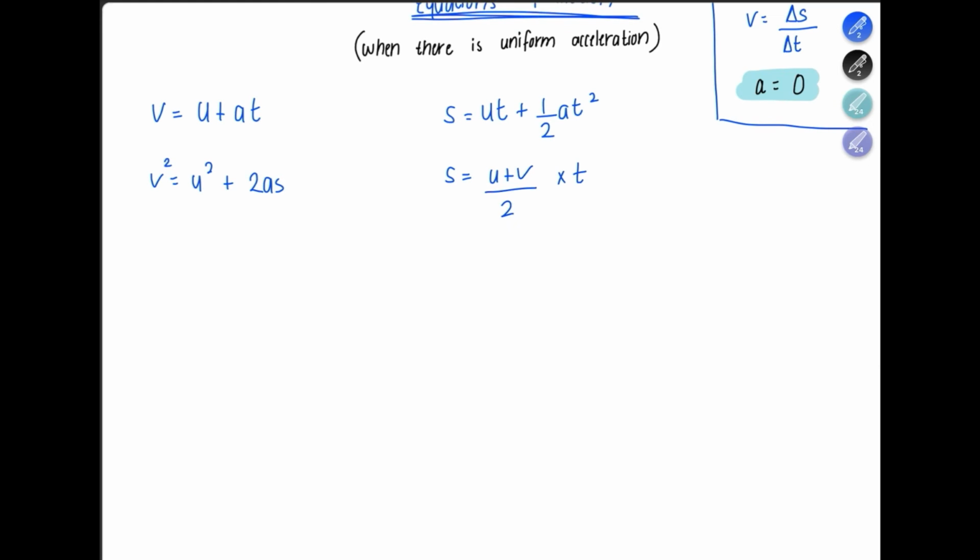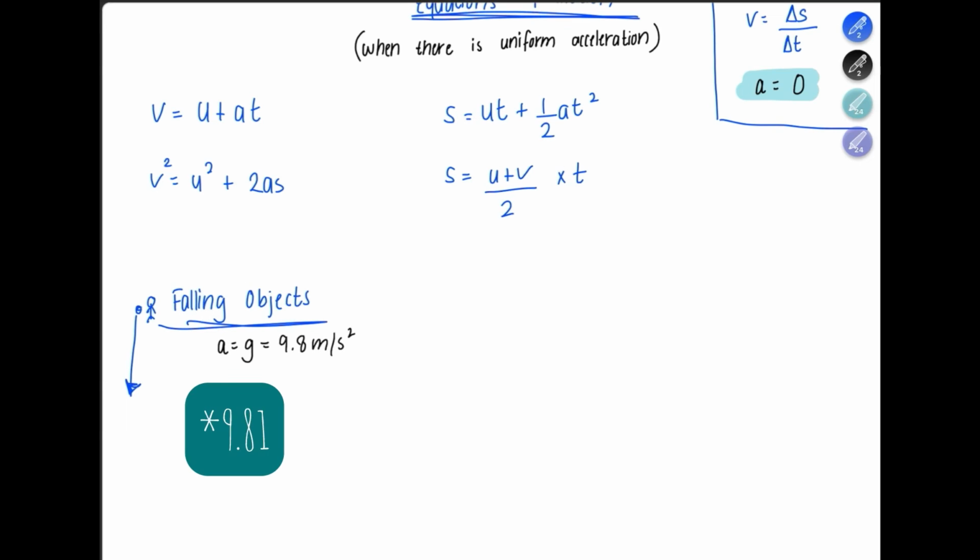Okay, so let's see, when you have a falling object. You're standing at a height and you drop a ball down, and you're asked to find velocity or displacement. What do you do in that case? Always remember acceleration becomes gravitational field strength, which equals 9.8 meter per second square. So you will replace all of your a's with g.